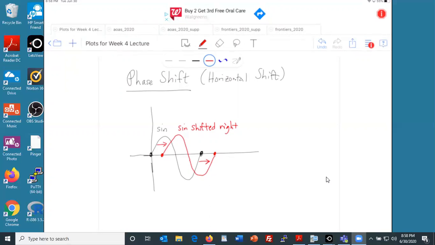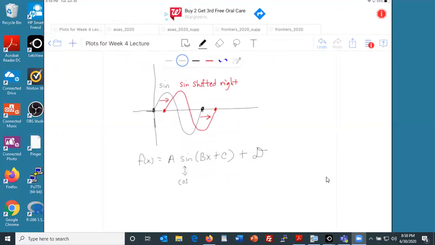And the way that's determined, for example, if we have f of x equals a times sine or cosine of bx plus c, here's your c, in case you're wondering where that was before. The phase shift is determined by negative c divided by b.